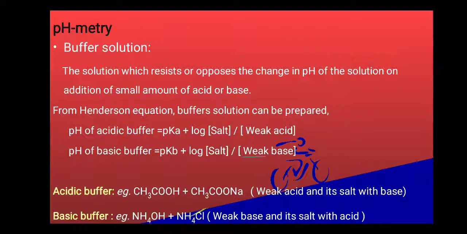When this combines with NH4OH, the buffer solution formed is called a basic buffer. For learning this pH metry, we require to know the concept of buffer solution and how the acidic buffer and basic buffer are formed.